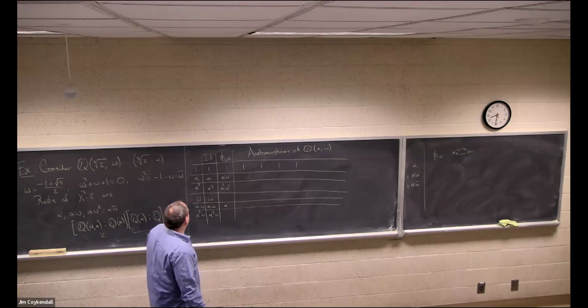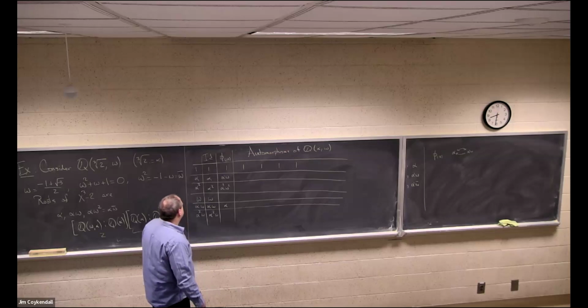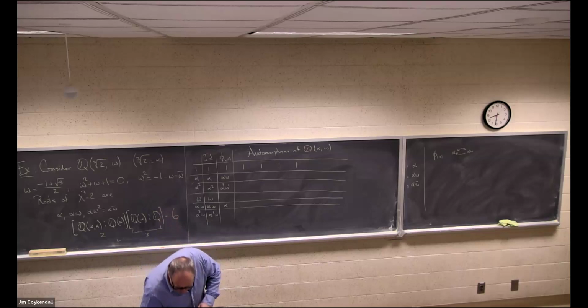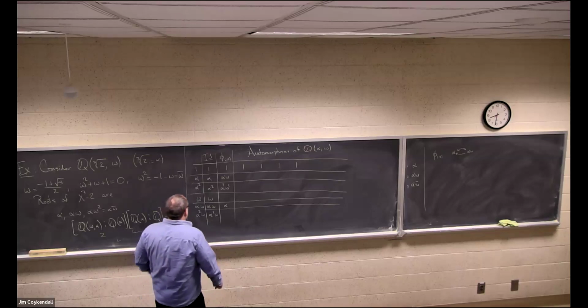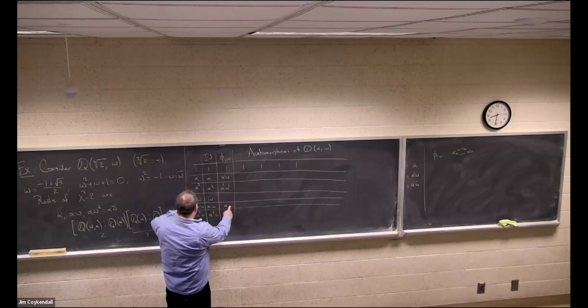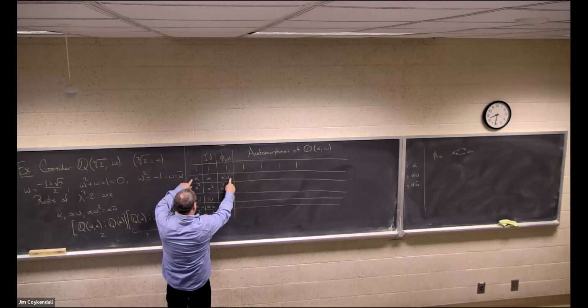How can we figure out where omega goes? That is correct. So notice alpha omega goes to alpha, right? And alpha goes to alpha omega.